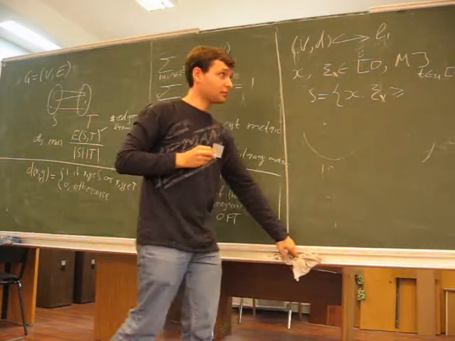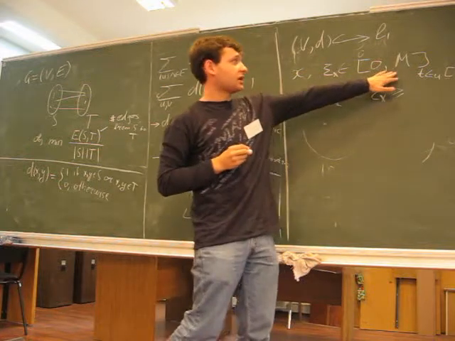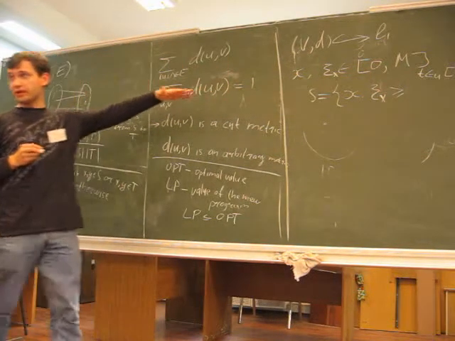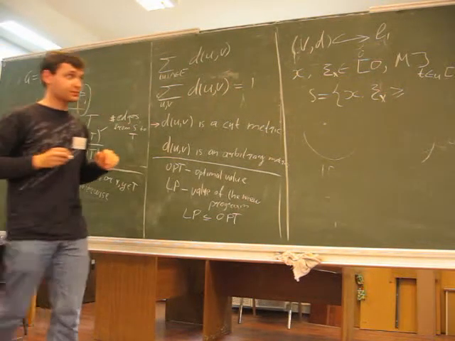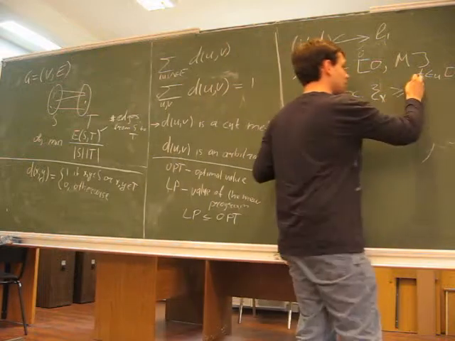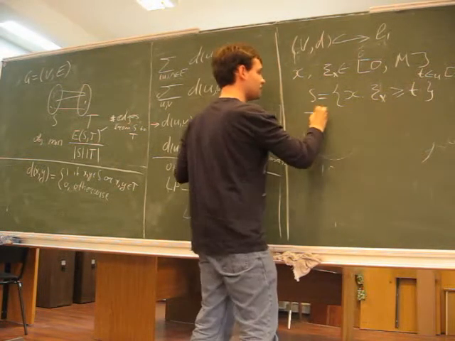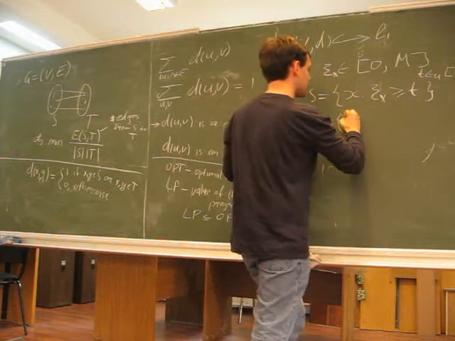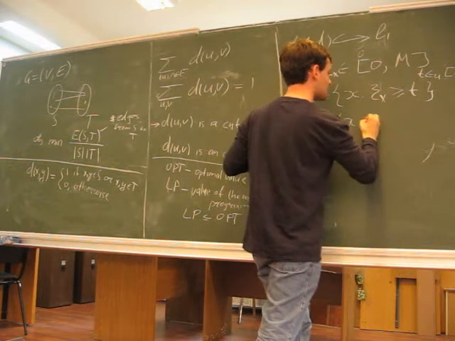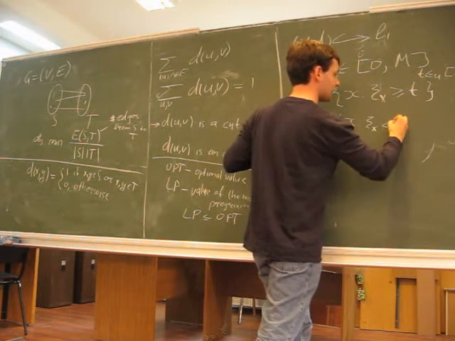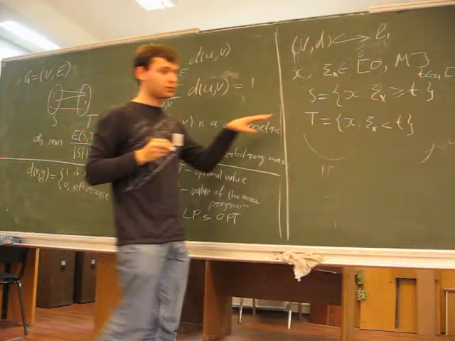What is m? m is this constant. We assume that m is some upper bound on the value of all random variables. And let T be the set of those vertices for which Cx is less than T. So these are two random sets.